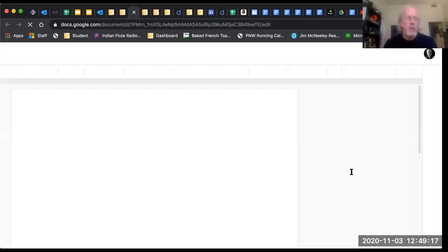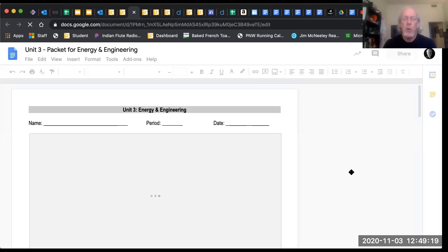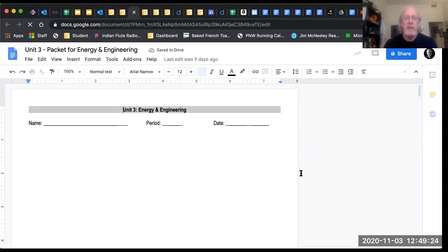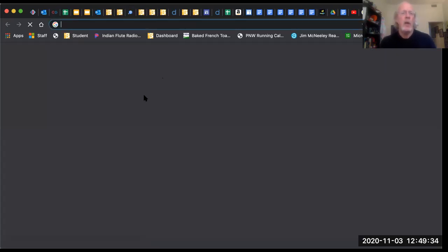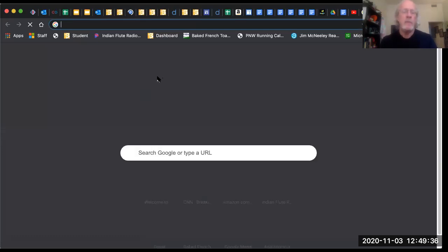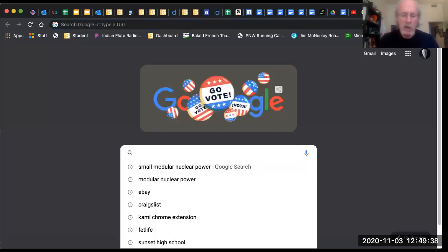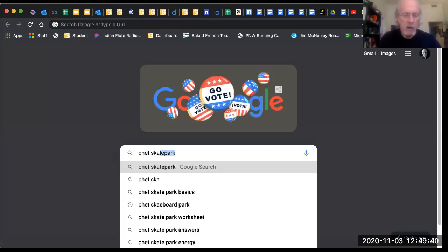The first thing I had asked you to do was go and do the work in the simulation, the PhET skate park. When you go over to the PhET skate park, what you see is an exchange of energy between kinetic and potential.